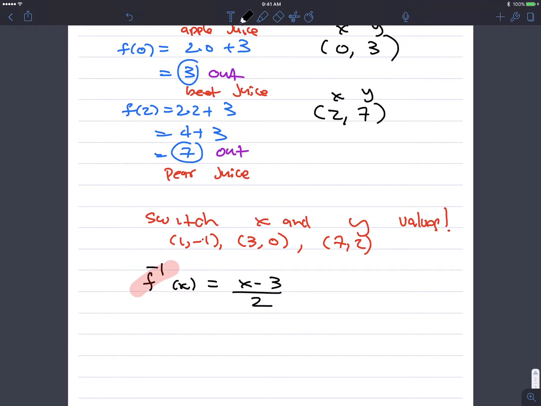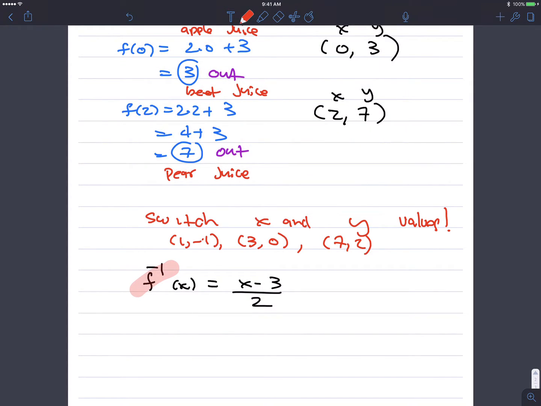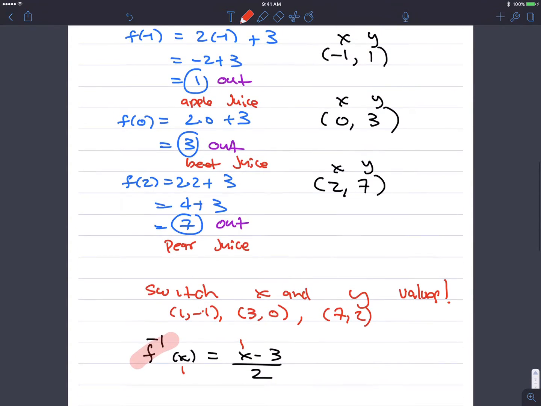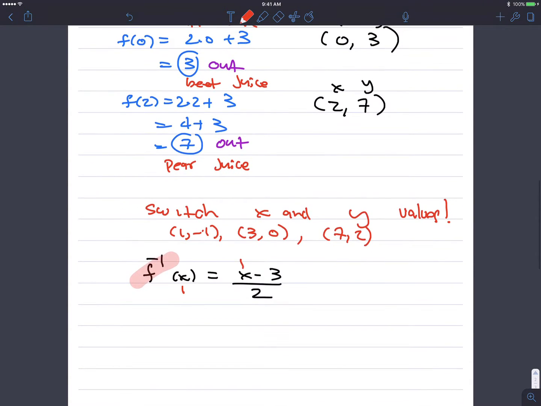So let's check it. So how can we check it? Yes, plug in the values. In other words, I'm going to plug in 1 here for x. You say, why am I going to plug in 1 here? I'm going to plug in this output, see if it works in reverse. So when I plug in 1, what do I get?